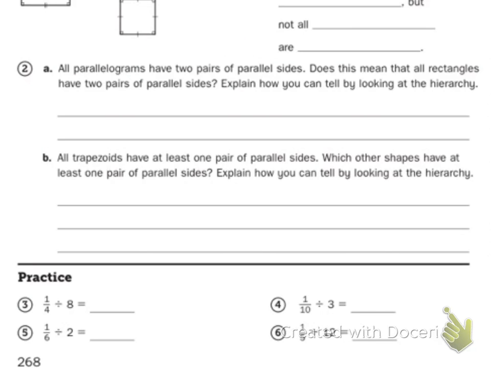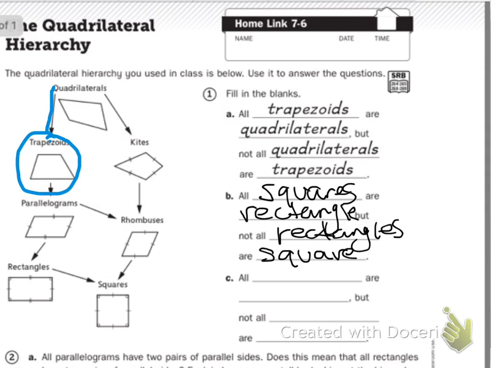Number 2 says all parallelograms have two pairs of parallel sides. Does this mean all rectangles have two pairs of parallel sides? And it says explain how you can tell by looking at the hierarchy. So if I look at the parallelogram, which is here, we need to look at the rectangle.